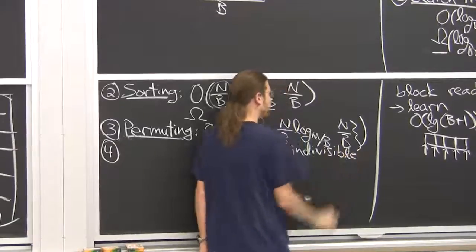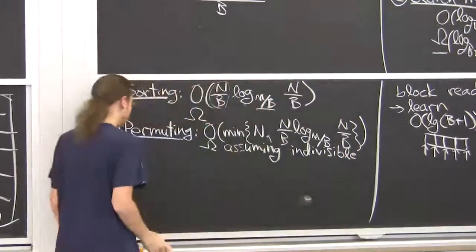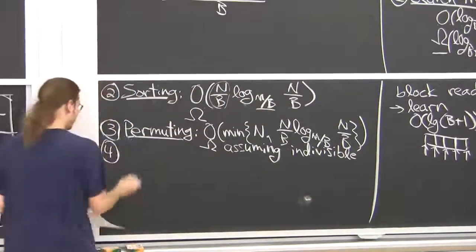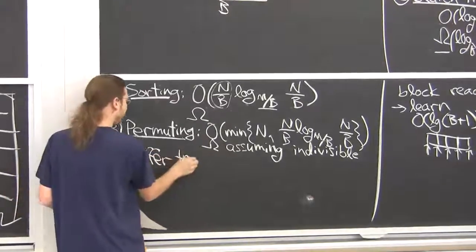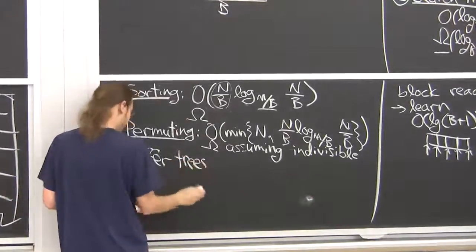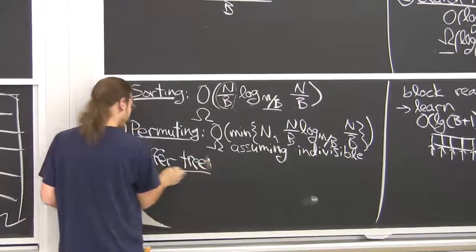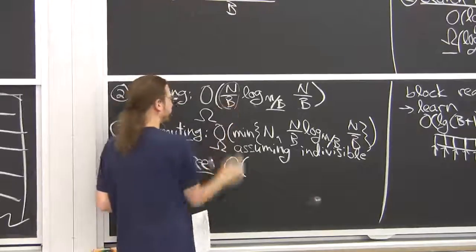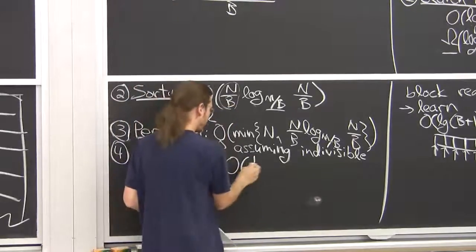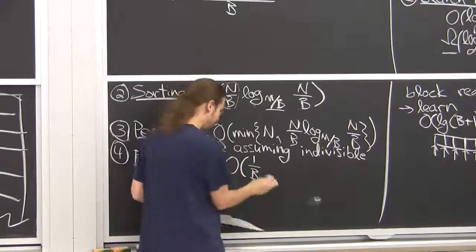I believe it's still unsolved whether you could do better otherwise. Okay, the last result in this model I want to talk about is called buffer trees. Buffer trees are pretty cool. They're essentially a dynamic version of sorting, which is what we lack, what B trees do not give you.